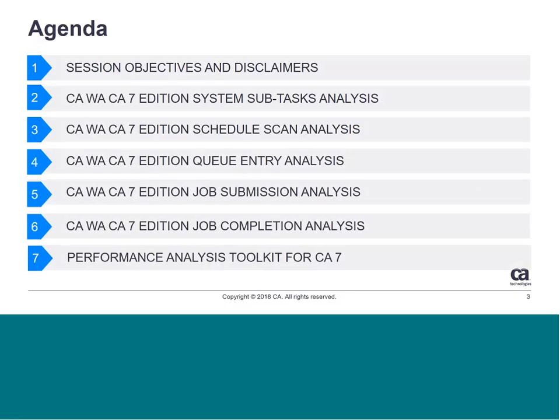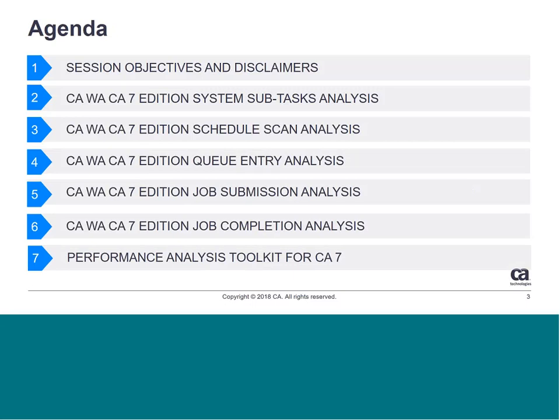In the session today, I'm going to very briefly run through the session objectives and disclaimers again that I did in Part 1, for anyone who may not have viewed Part 1 yet, and also just as a refresher.